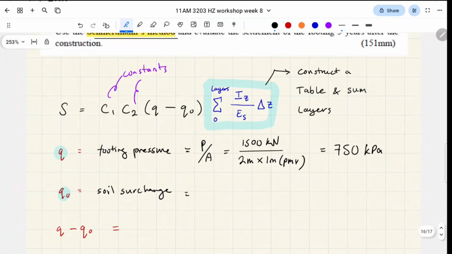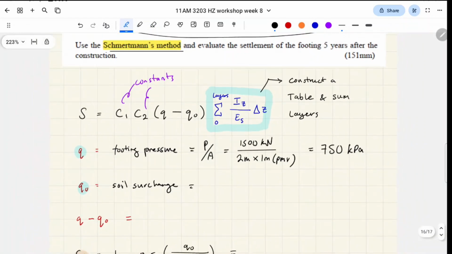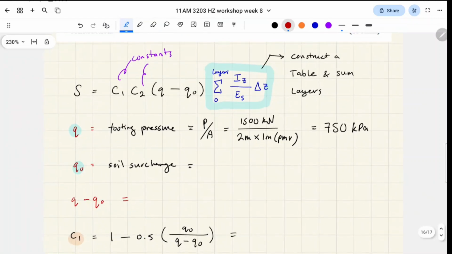Next, we're going to calculate the soil surcharge. Let me just draw this foundation quickly. Remember, soil surcharge is a function of the depth, or all of the soil acting above the footing, right?